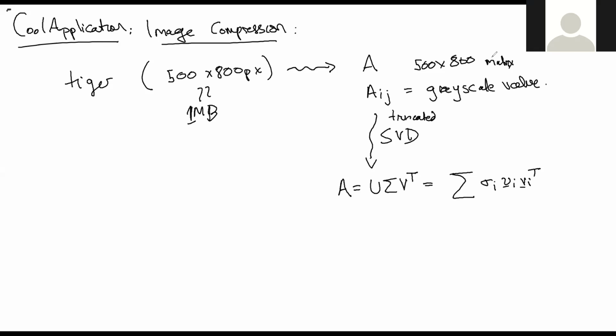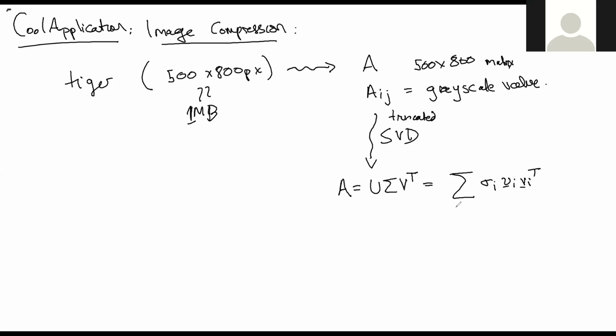Okay, so first let's take a look. A is a 500 by 800 matrix, correct? So the transpose of A is going to be 800 by 500. Then A transpose times A is going to be 800 by 800.